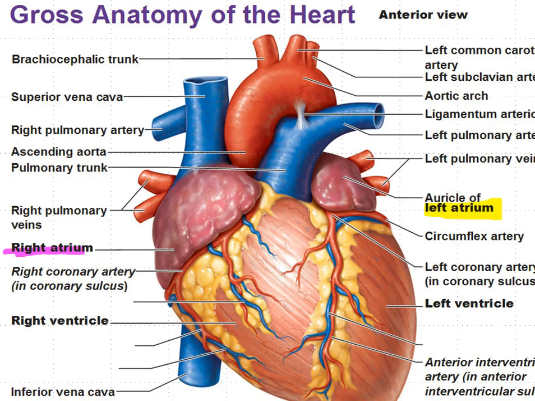This part is a structure that looks like an ear, and that's why we call this structure the auricle. So this part is the auricle of the right atrium, and this one is the auricle of the left atrium.